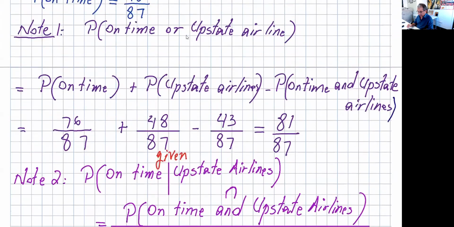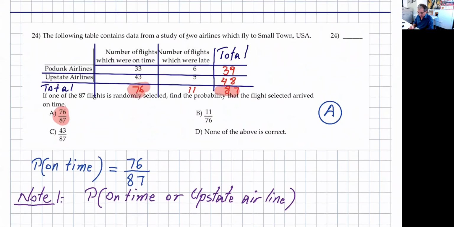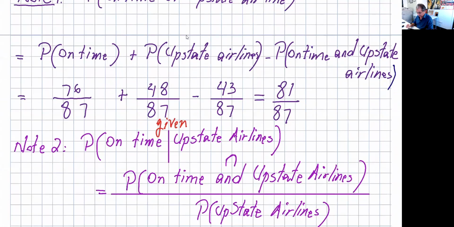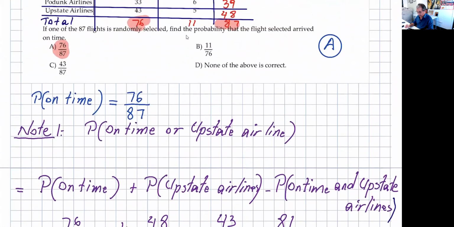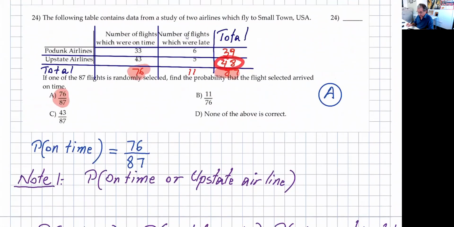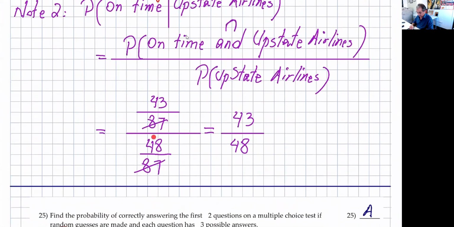On time and upstate, let's go find it. It's right here, 43 out of 87. So the top is 43 over 87. And the probability of upstate is 48 out of 87. The 87s cancel, and you're left with 43 out of 48.